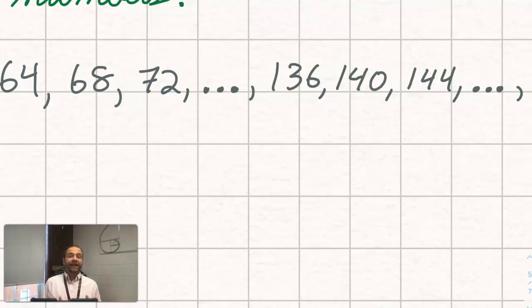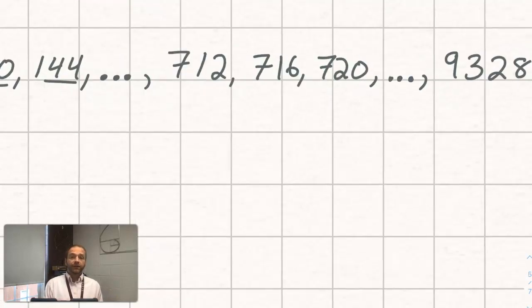However, I can look at the number 36. 36 is divisible by 4, which means 136 is divisible by 4. In fact, it's going to go in there 34 times. 140. Well, 40 is divisible by 4. We already know the 100s digit is divisible by 4, so all we care about are the last two digits. And the same with 144. We can check that, and it's going to be 36. It goes in there, because I can look at the last two numbers and figure it out.